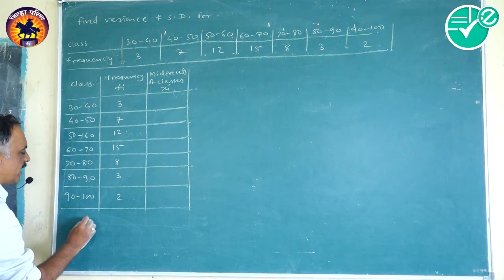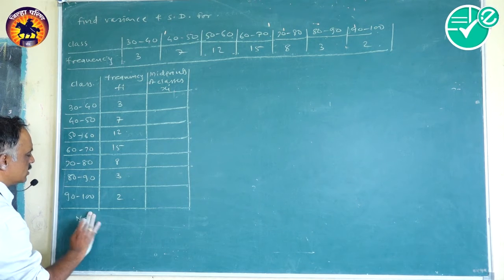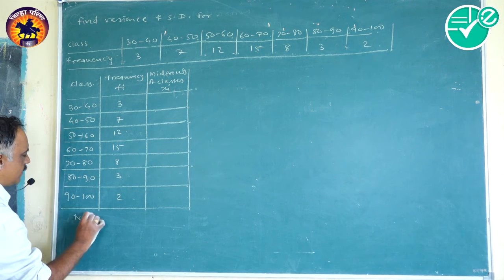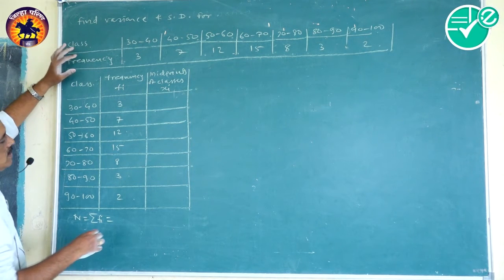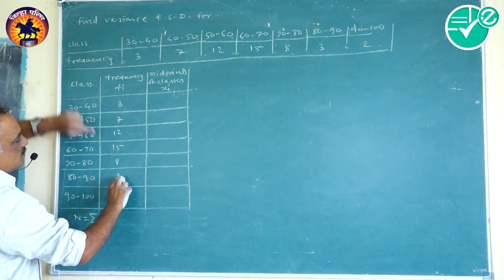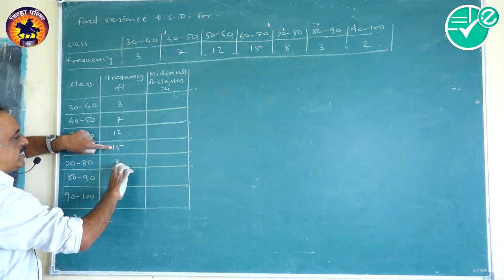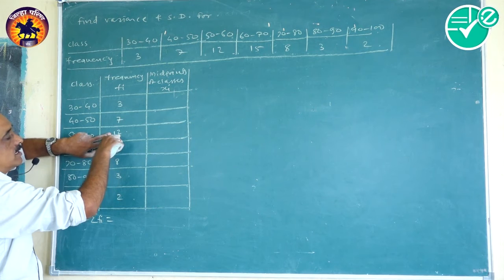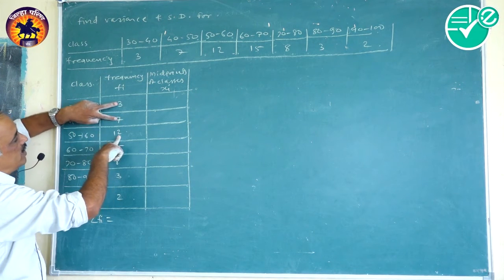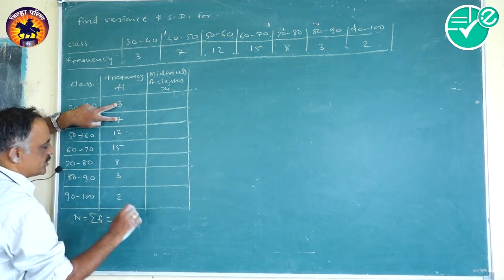Obviously, we need sigma fi. Capital N is equal to sigma fi, and that is equal to 3 plus 2, 5. 5 plus 15, that will be 20. 20 plus 8, 28. 28 plus 2, 30 plus 10, that will be 40. And 40 plus 10, that gives you 50.